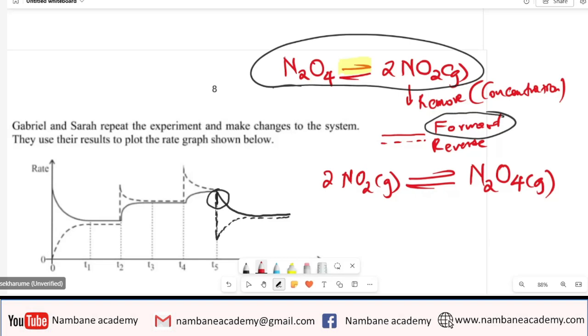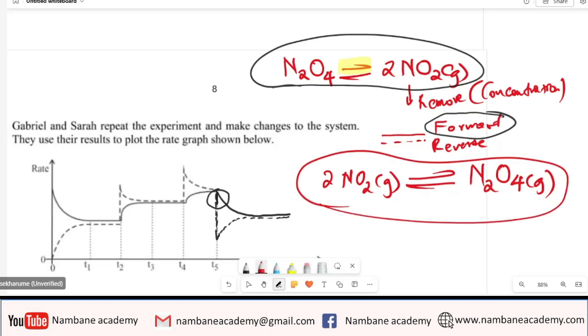So what about if the reaction was this way, 2NO2, the forward and the reverse, and N2O4. So what we need to do is to decrease the what? We remove NO2. So this one, we remove. So the system, we want to do what? We want to replace NO2 by favoring the reverse reaction.